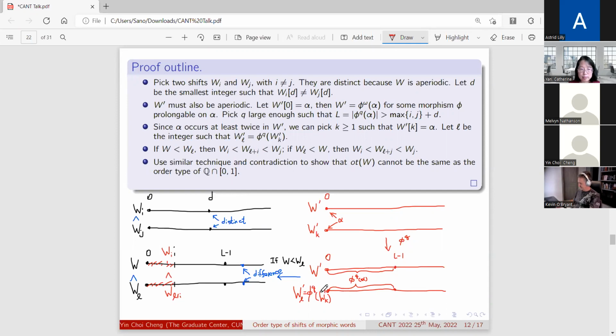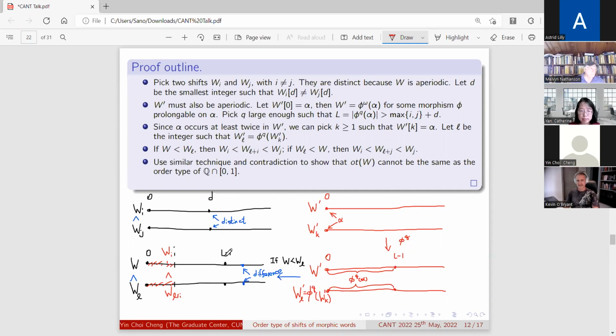Now, how do we justify that the J shift is greater than the L plus I shift? Well, notice that since L is greater than the maximum of I and J plus D, I plus D remains in the originally first L letters.